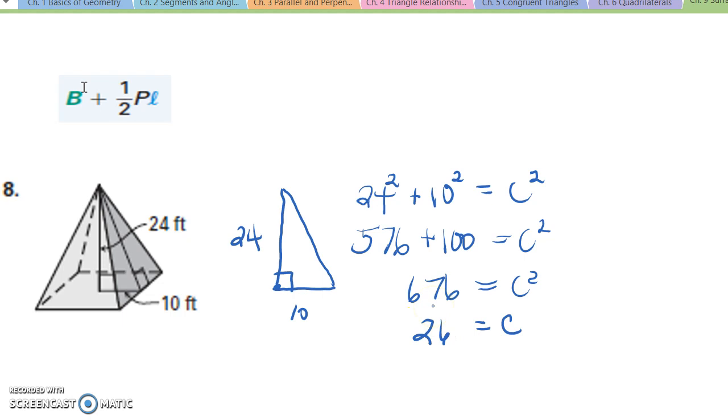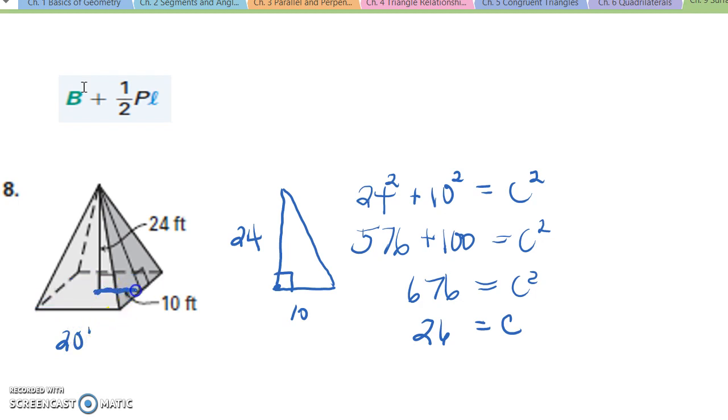So just be careful with that. All right, now we're ready to find our surface area. Oh, no, we're not, because we need to find the area of the base. Well, the base is shaped like a square. We're not given that dimension. We're not told the length of the sides of a square. But we do know from the middle of the square to the edge is 10 feet. So what's the distance all the way across the square? It's 20 feet.